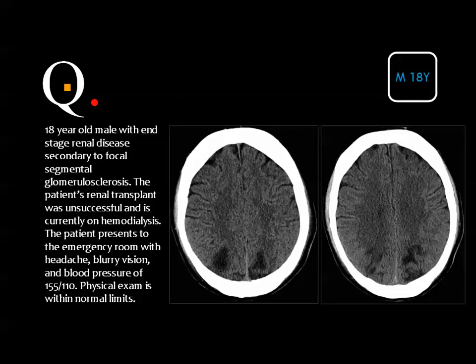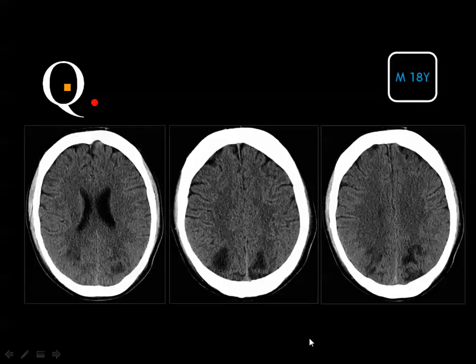And this is a male patient, 18 years old, with end-stage renal disease secondary to focal segmental glomerulosclerosis. The CT scan of the brain without contrast enhancement showed bilateral, symmetrical, mainly posterior, hypodense areas in the posterior parietal regions, and there is no significant mass effect.